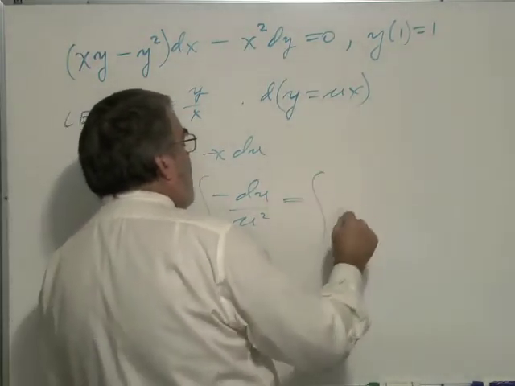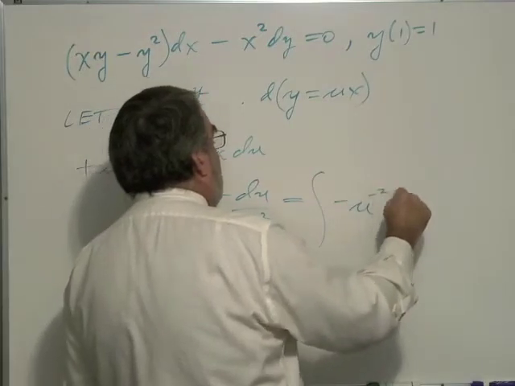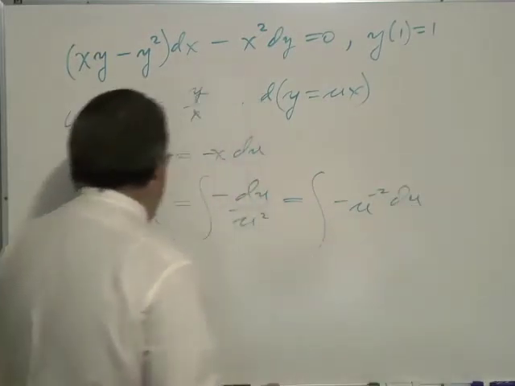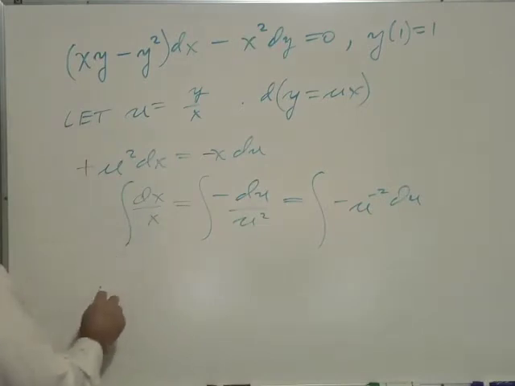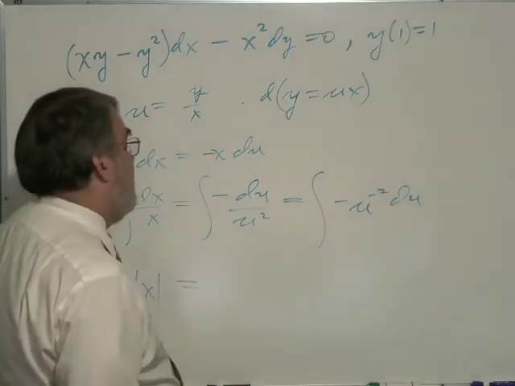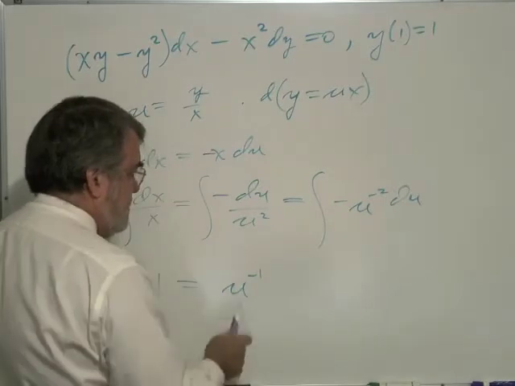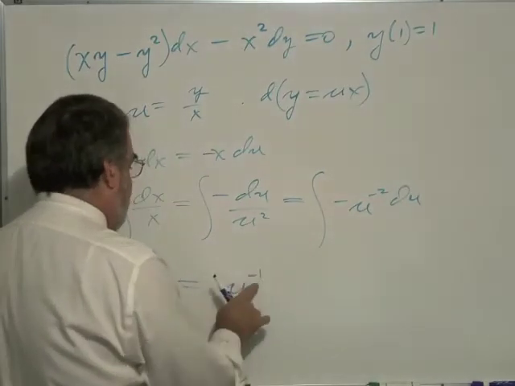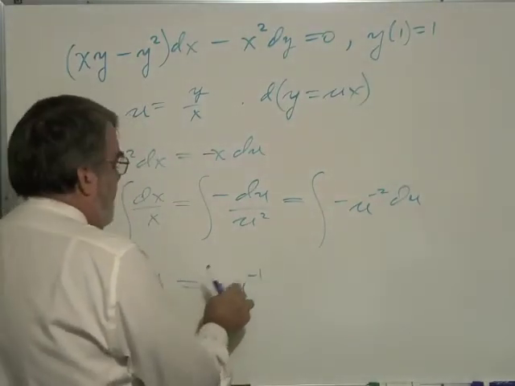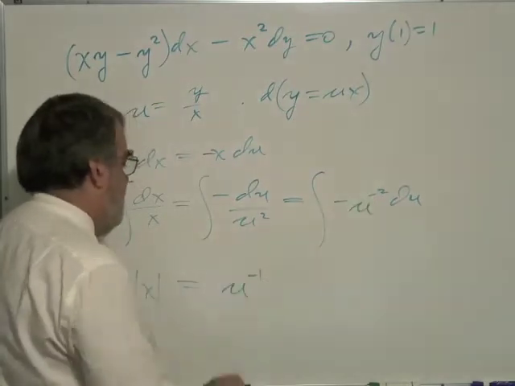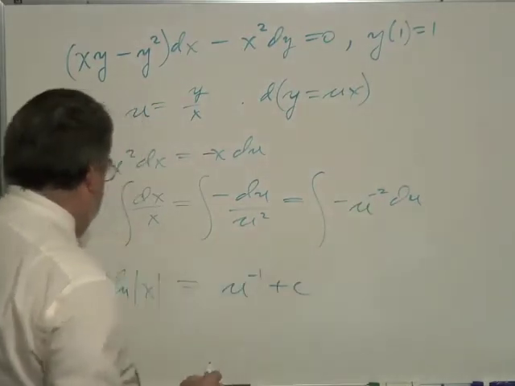The right side is the same as integrating minus u to the negative 2 du. So on the left side I've got the natural log of the absolute value of x, equals, I believe this is going to be u to the minus 1, plus a constant. Yeah, because if I take this derivative, I get negative u to the negative 2, which is exactly this.